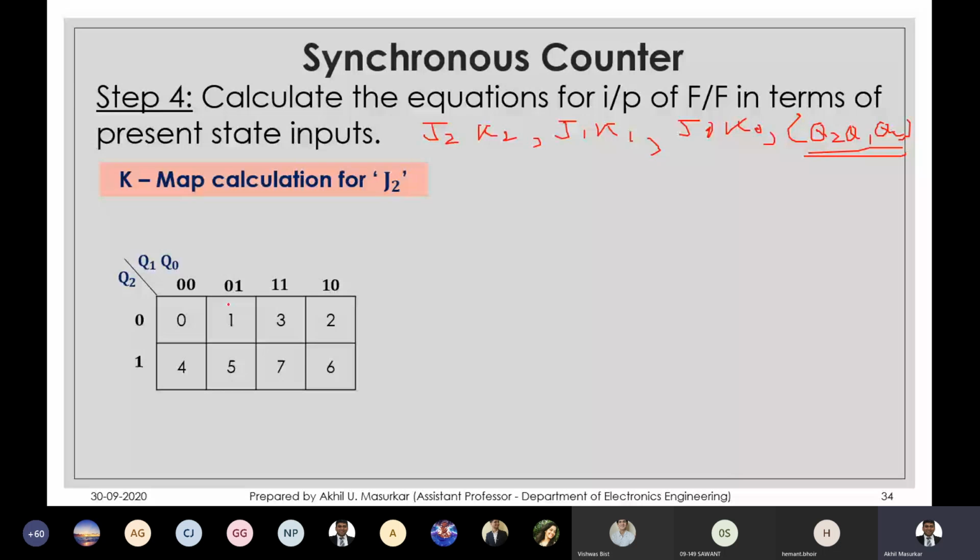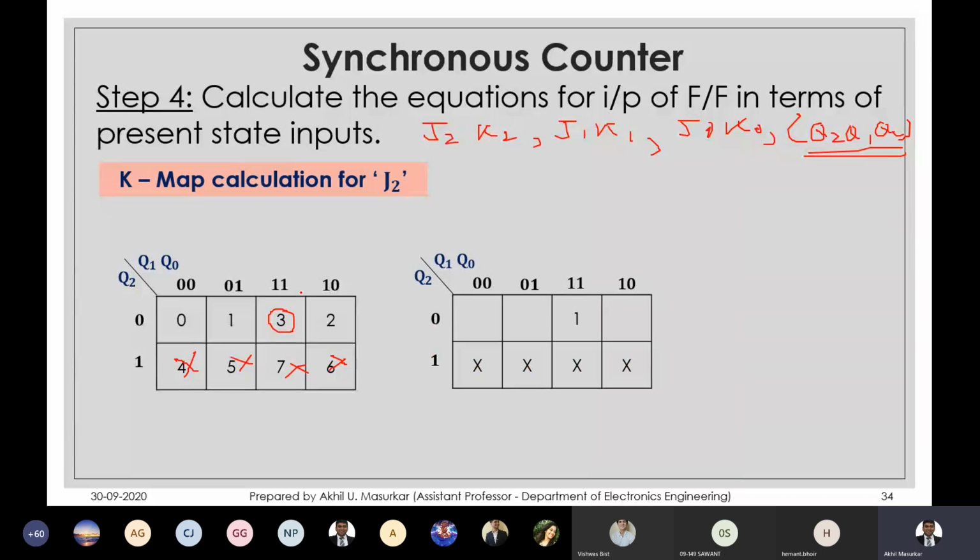So you can see at positions 0, 1 and 2 we have 0. At 3 we have 1. And then 4, 5, 6, 7 are don't care. So my K-map becomes like this. You can see that there is just one pair.